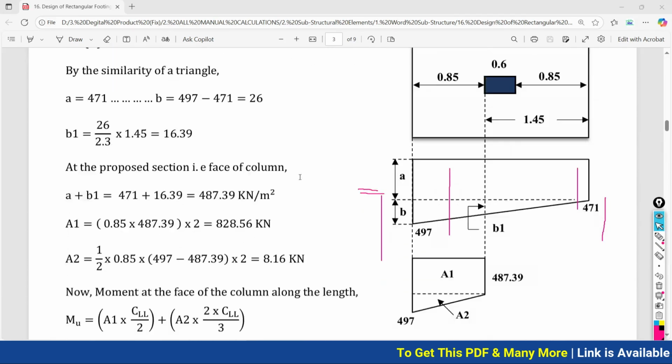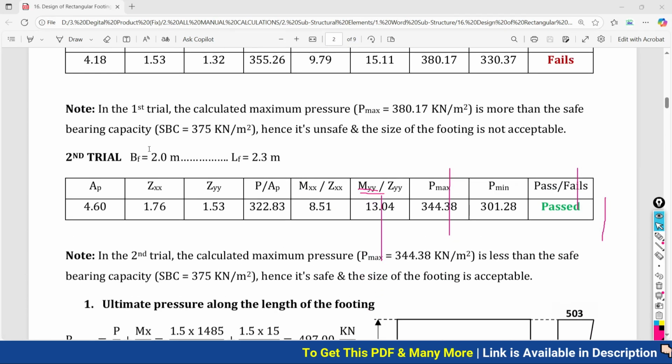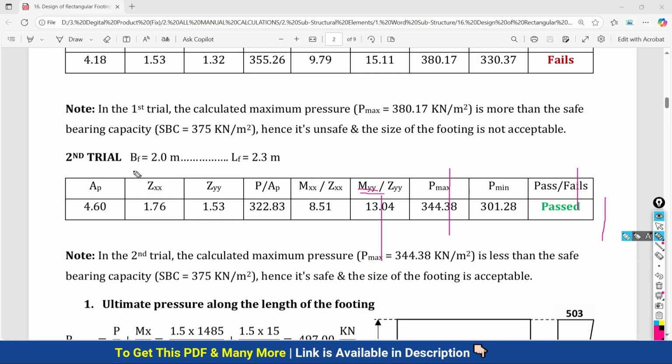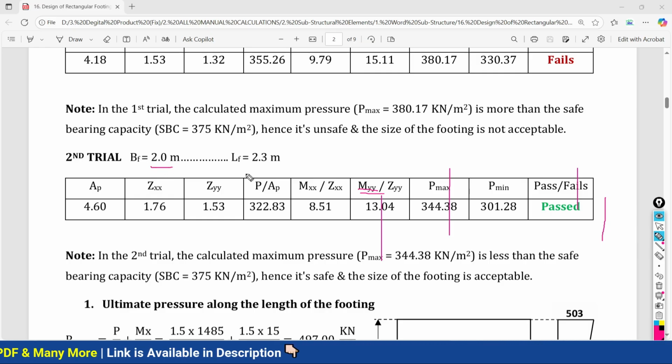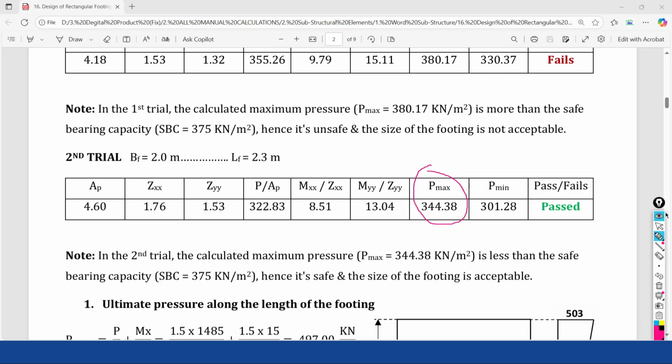Let me show you in the table when we decided the final size of the footing. In our second trial we finalized the footing size as 2 meter by 2.3 meter. With this size we already calculated the overall maximum pressure. It is not specific to a particular direction, it is the overall pressure.